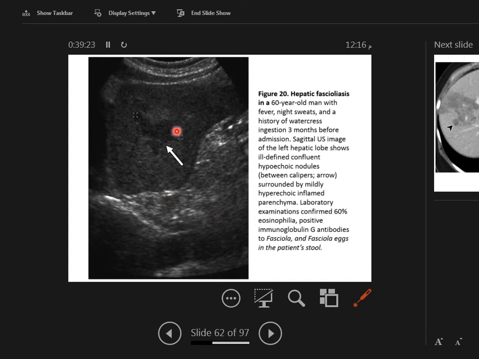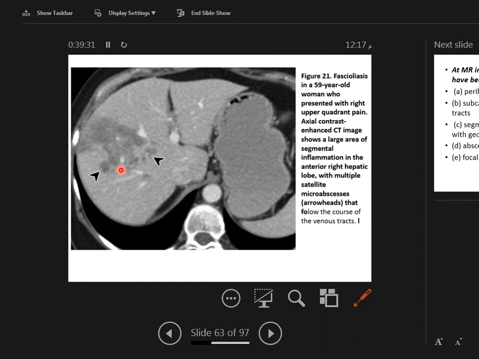This is an ultrasound of it, ill-defined hypoechoic area. And this is the CT scan. We can see it's from the capsule and migrates toward the hilum.